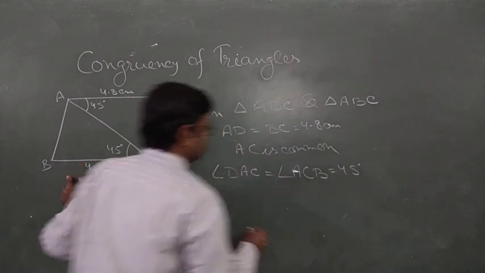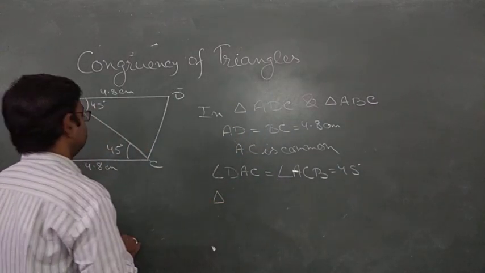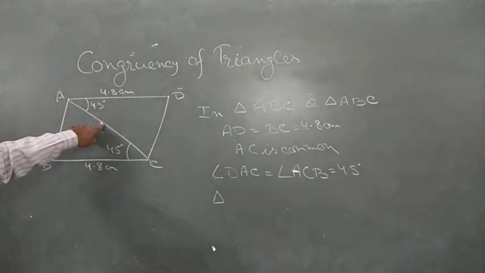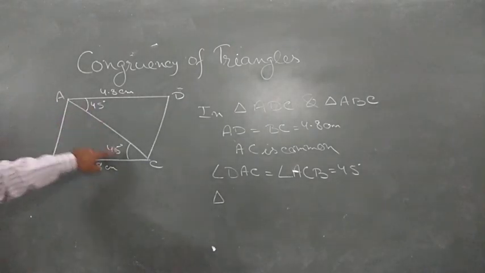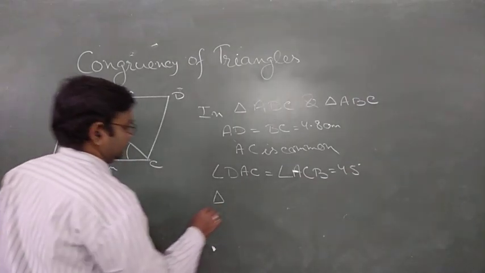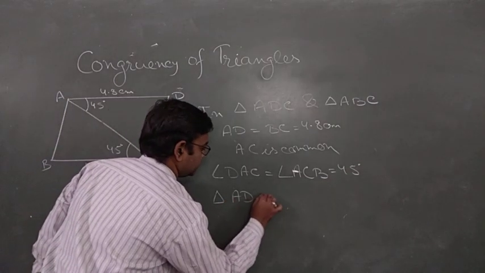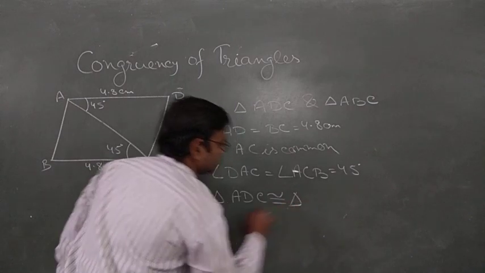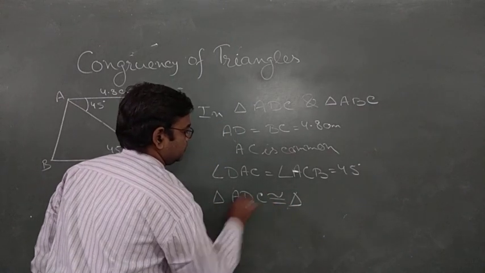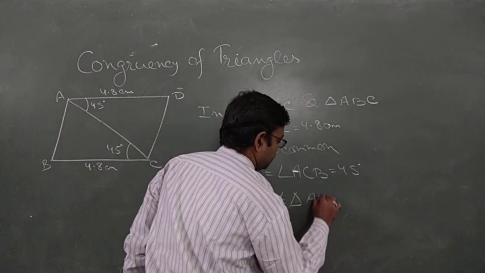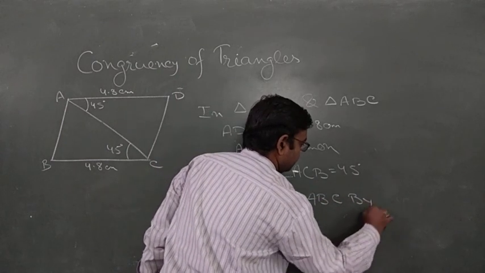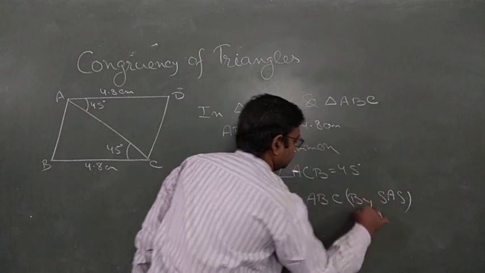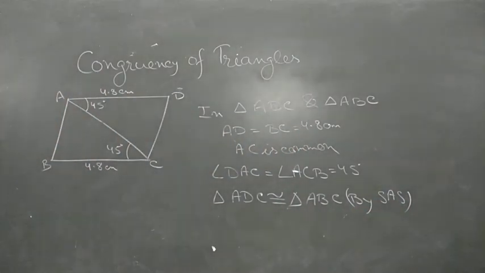This is also given, so we can say that, by using these two sides equal and this common side, with the side angle side property, triangle ADC is congruent to triangle ABC by side angle side congruency. So now with the help of these two examples, you are able to solve all the problems given in your book.